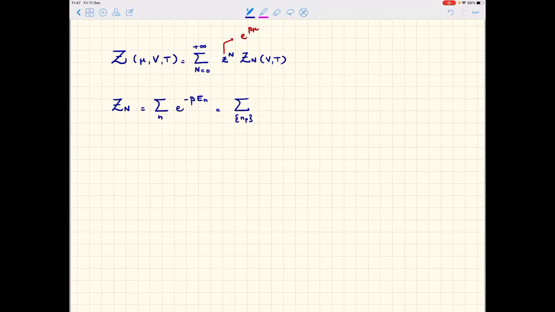For momentum P2, I have 0. For momentum P3, I have whatever, and so on and so forth. That depends on whether I have bosons or fermions, but subject to the constraint that the sum over P of n_P is equal to n. And then I will have e to the minus beta, where the energy is going to be the sum over P of epsilon_P n_P. Okay? You agree with me, right?